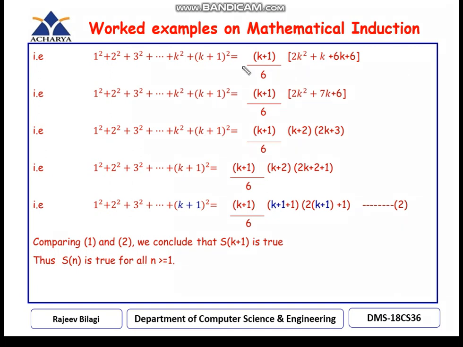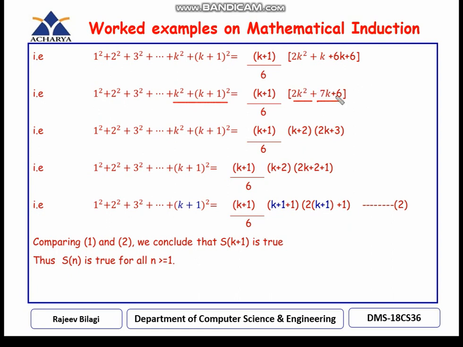Okay, so I have written the same thing here. So now with this I can write up to k square plus k plus 1 whole square equal to k plus 1 divided by 6, 2k square, 6k plus 1k, that is 7k plus 6.